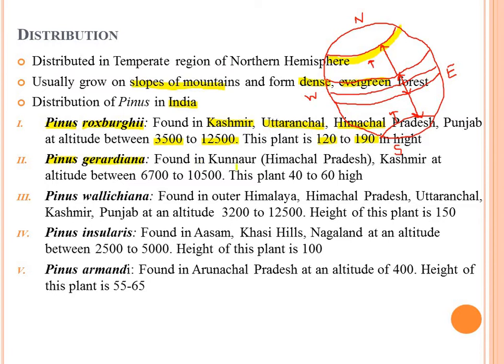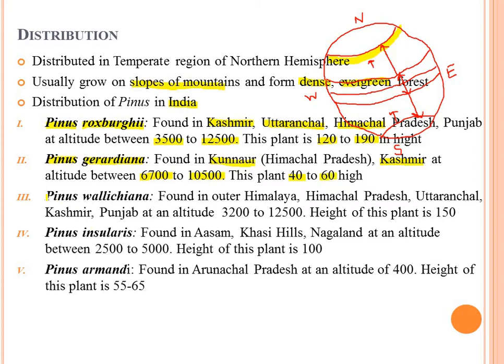It is also found in Kashmir, Kunnar, and Himachal Pradesh at altitudes between 6,700 and 10,500 feet above sea level. The height of this plant is between 40 and 60 feet.